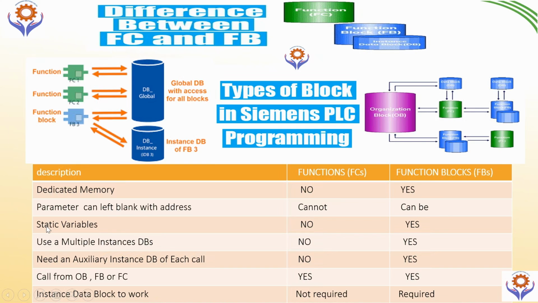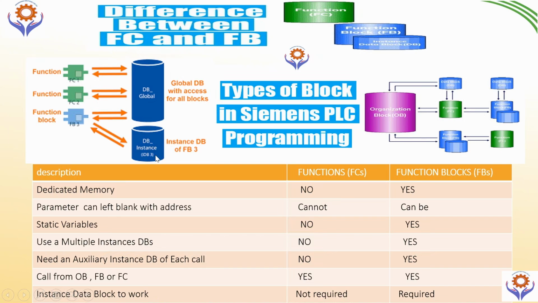And the static variables, there are no static variables in the functions, but in the function blocks you have static variables. For multiple instances, there is no multiple instance in the functions, and you can create multiple instances in function blocks. See, this is one of the examples here. The instance you created as multiple, and you can create FB4, 5, 6 like that.